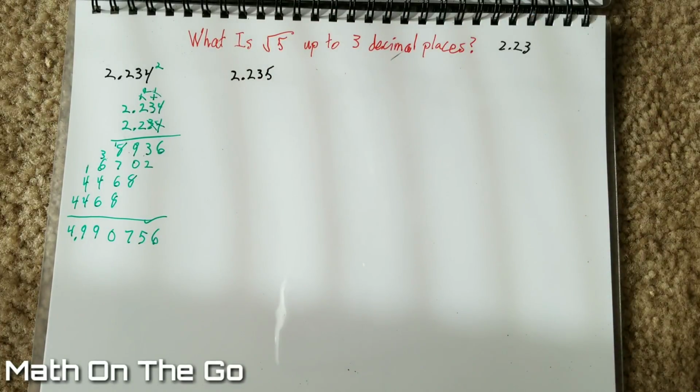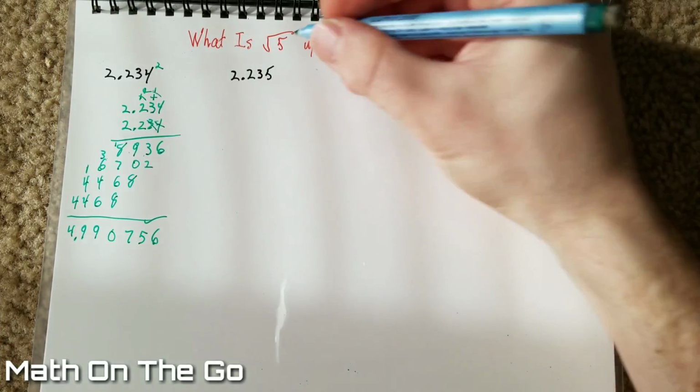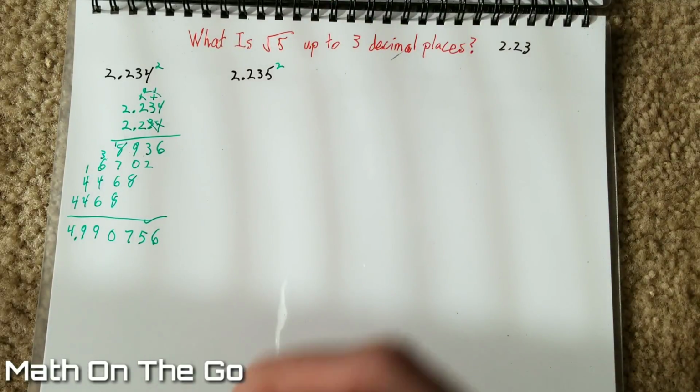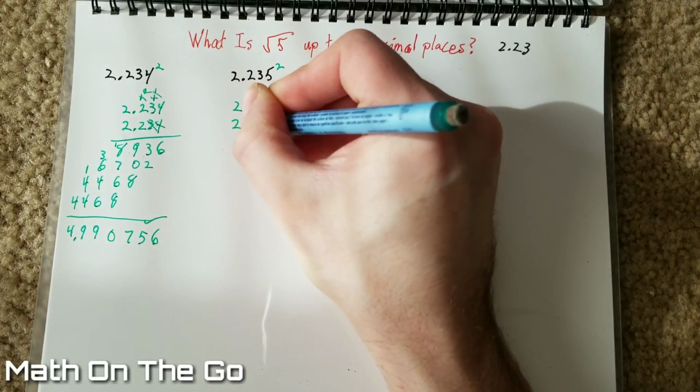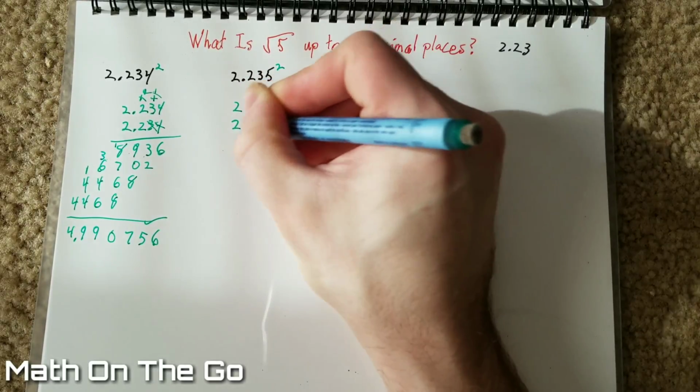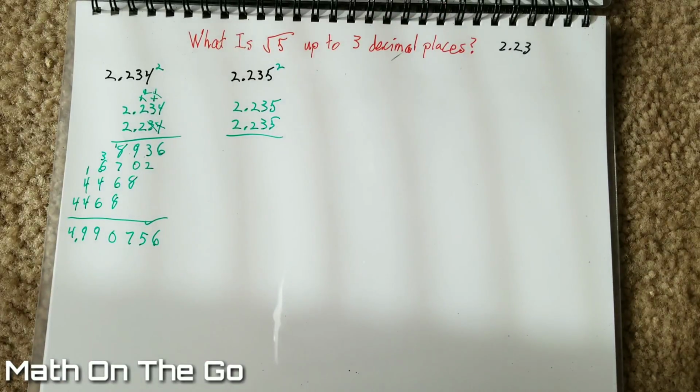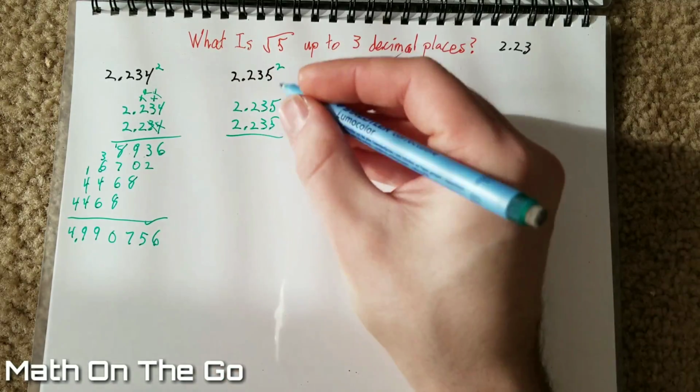2.235. Let's square that. So we end up with 2.235 times 2.235. All right, let's multiply this out.